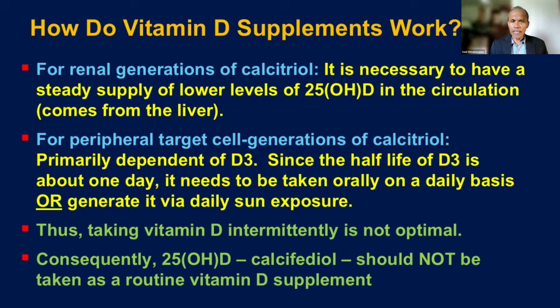Intermittently taking vitamin D, anything less frequent than every 10th day, is really less optimal. And if you're taking it once a month or once in 3 months, it's really like a placebo. It doesn't work.